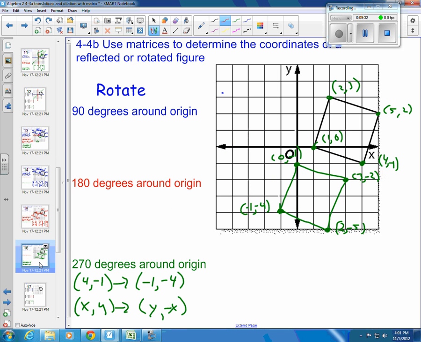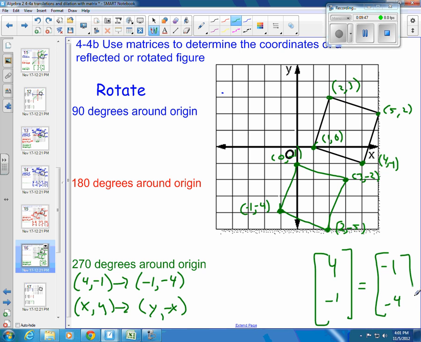And then let's look at the green one. The green one, I also used the point 4, negative 1. So let's grab 4, negative 1. And its new point, when I go 270 degrees, is negative 1, negative 4. So what am I going to have to multiply by that matrix to get this result matrix on the end? Well, the 4 is going to go to the bottom, right, and the 1 is going to come to the top.